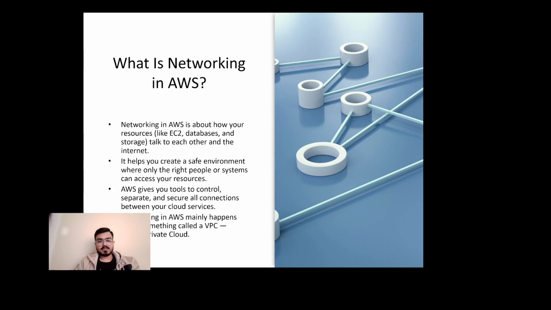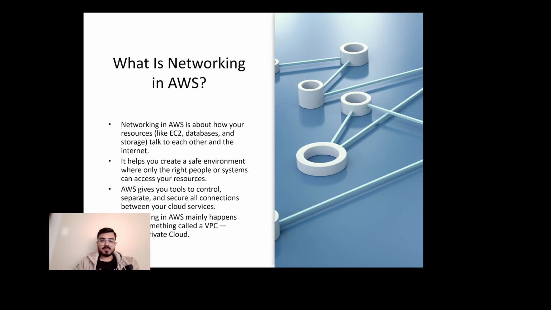So, what is networking in AWS? Let's first understand what networking really means. In simple words, networking is how different computers, systems, and services connect and talk to each other. When you connect your phone or laptop to Wi-Fi, that's a small network. The internet is just a big network connecting millions of devices worldwide.